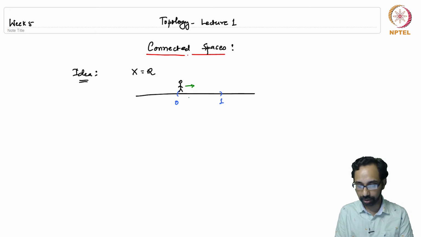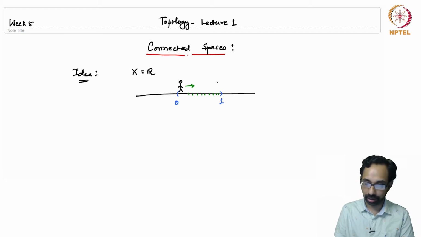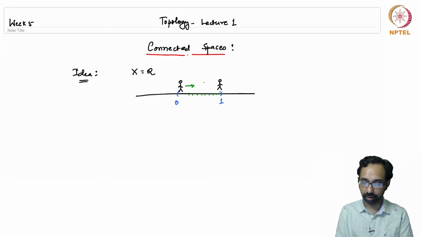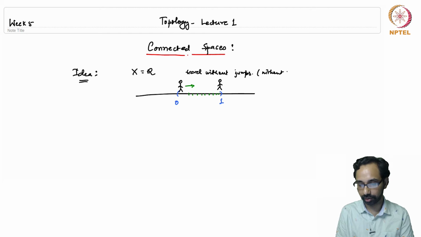So all these points are steps you can take without missing any point in this interval 0 to 1, and you will end up at the other endpoint, which is at 1. So you can travel without jumps, okay? So without missing any points in (0,1).